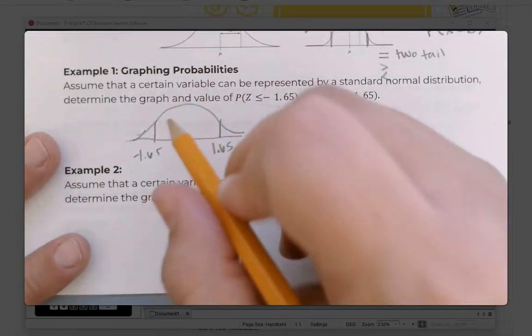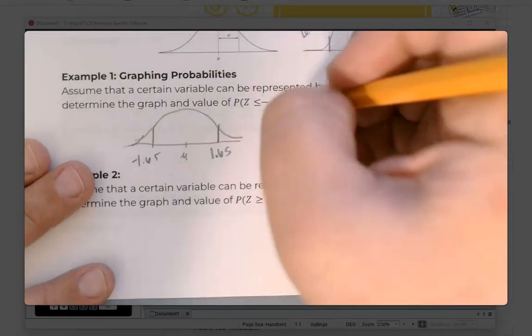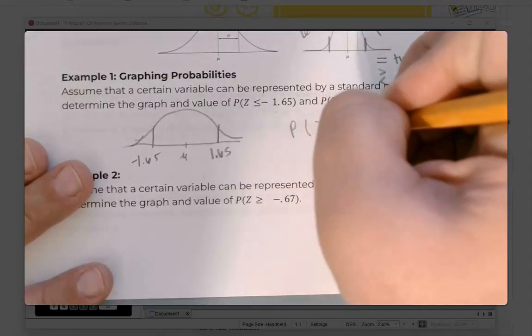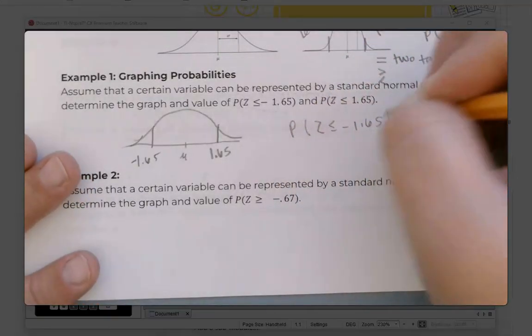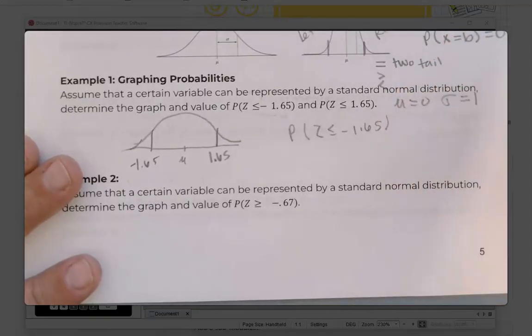So P of z is less than or equal to negative 1.65. I'm going to do it in the calculator.